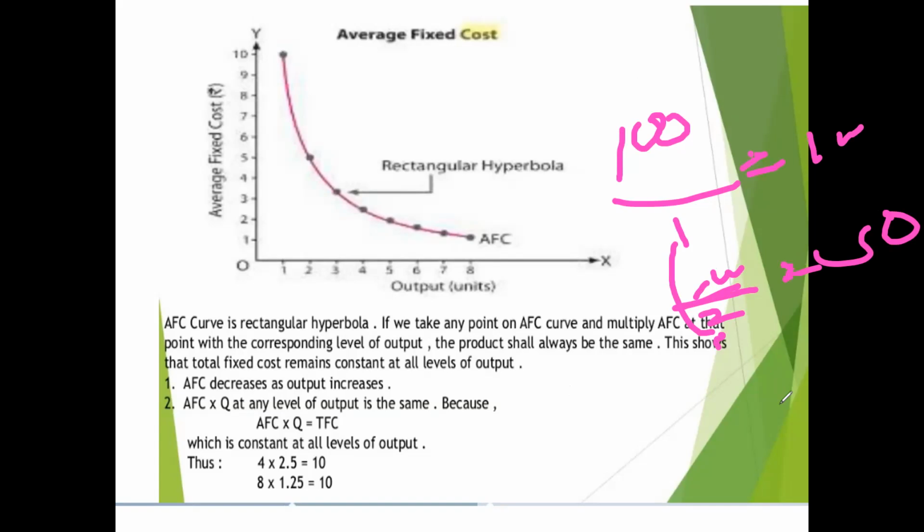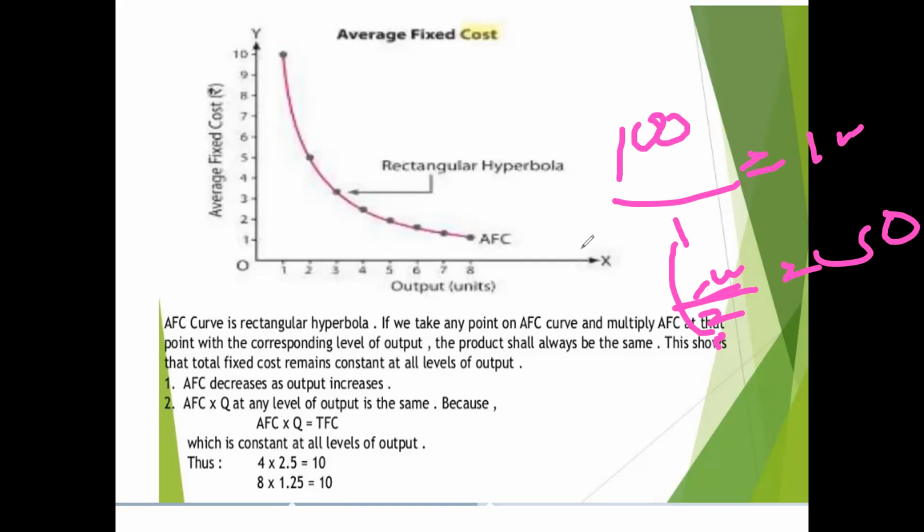That will be distributed among a large number of output when we increase the output. Therefore, the average fixed cost gradually declines.